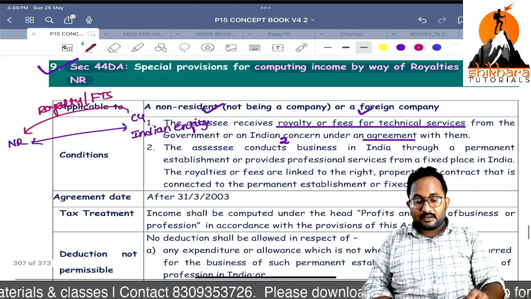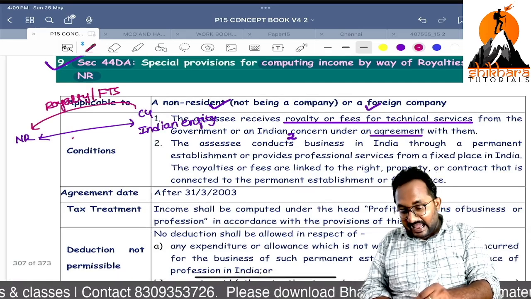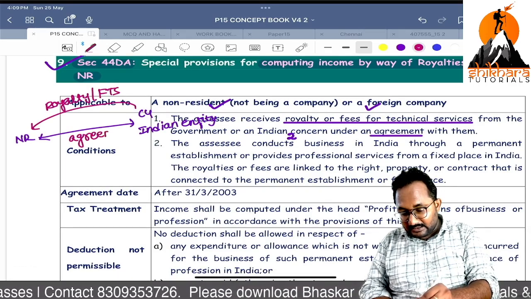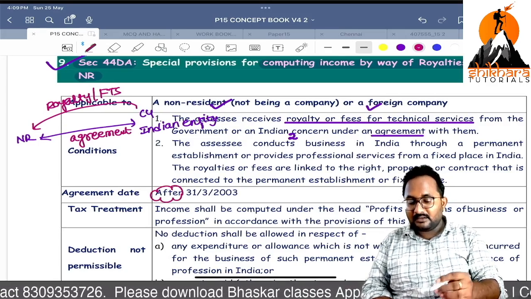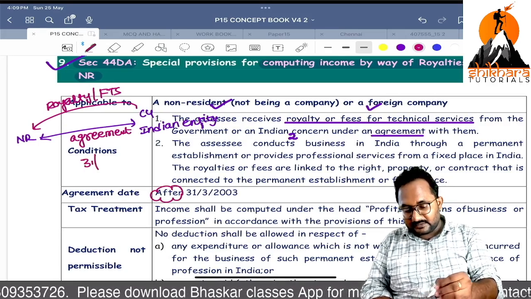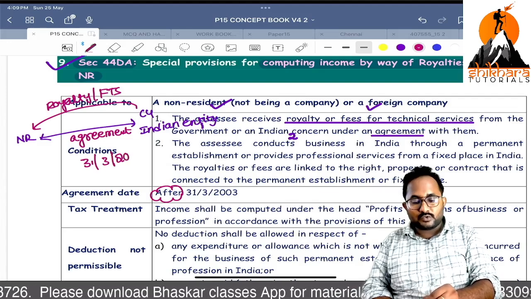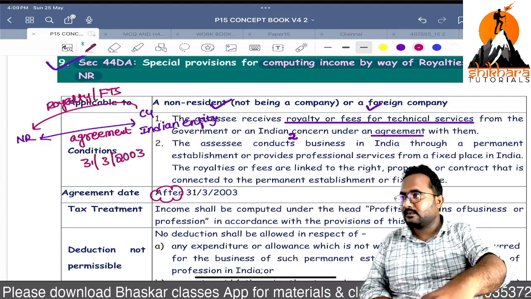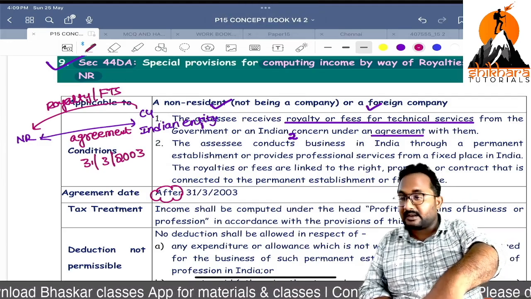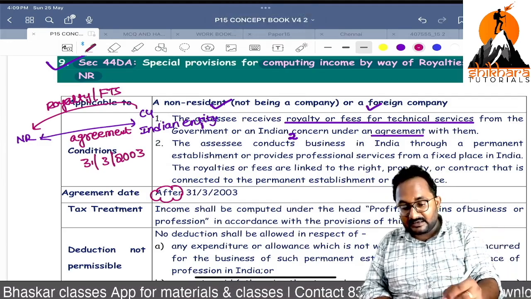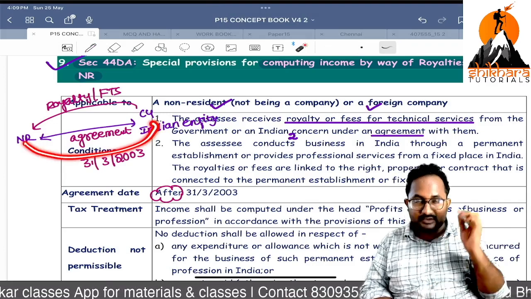But remember, there is an agreement between these parties on or after, these dates are important, 31st March 2003. Now, remember, this non-resident needs to give the services to them.